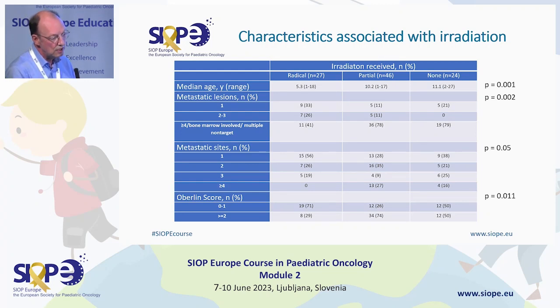But also there you see that if the Oberlin score was 0 or 1, it was more likely to receive radical therapy, and if it was more than 2, then it was less likely to get radical therapy. So they also include whether the patient will benefit from this radical therapy or not.